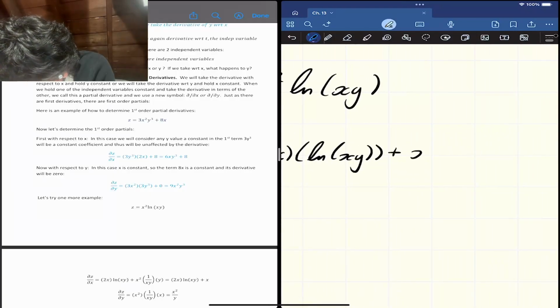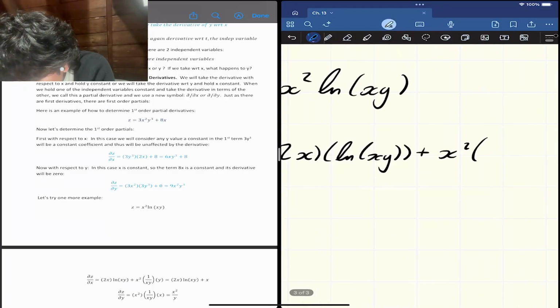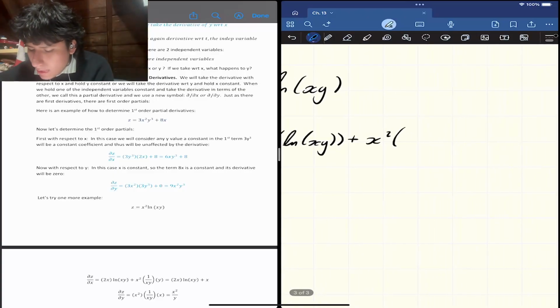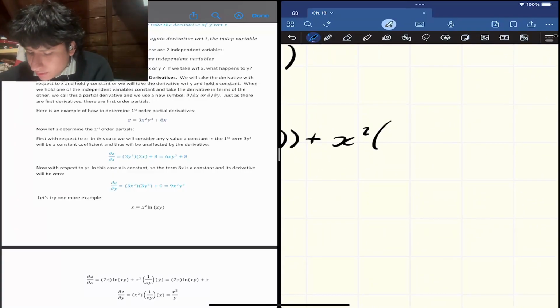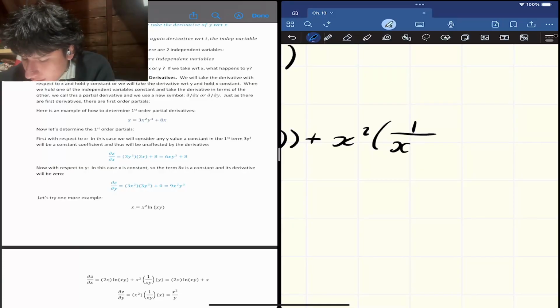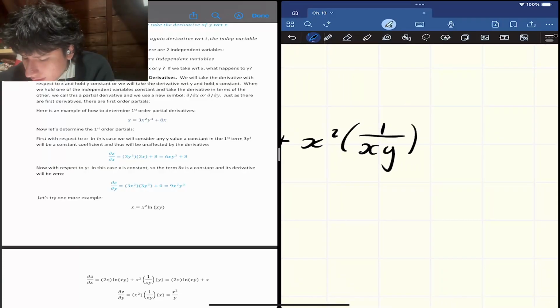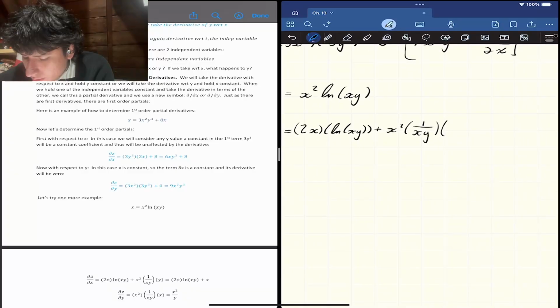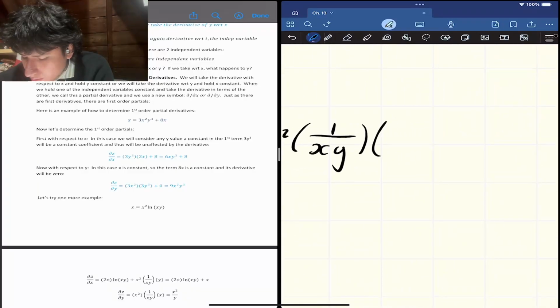plus that x squared times the derivative of ln, which is just 1 over x, so it'd be 1 over xy, times now the derivative of xy, which would just be y.